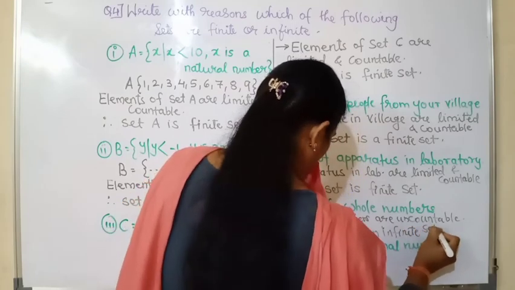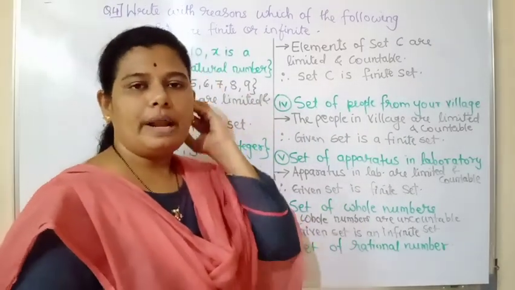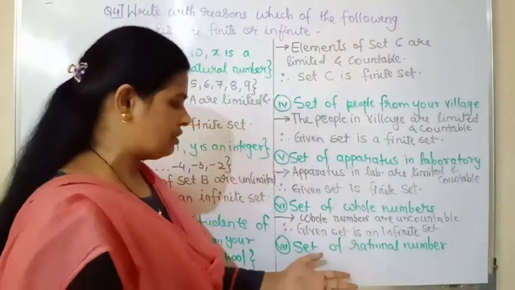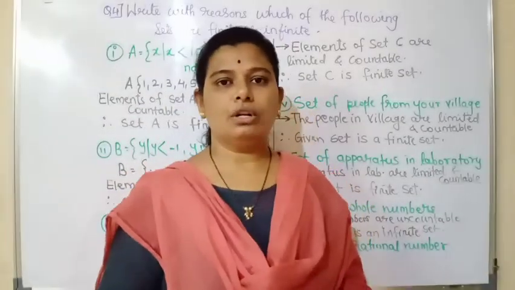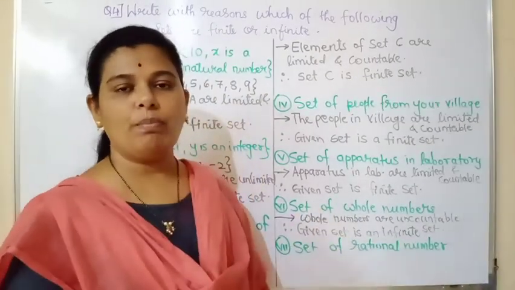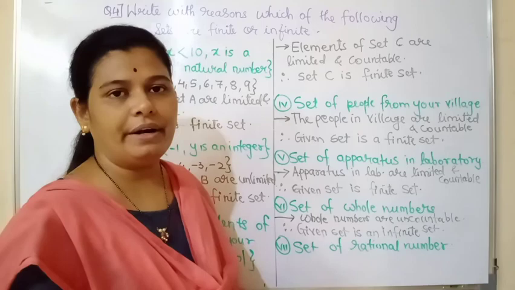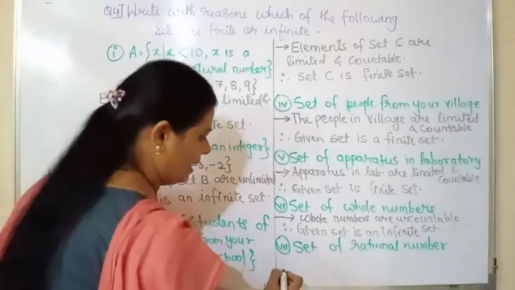Okay. Now we will write the last one, that is the set of the rational numbers. Sorry, not natural but rational numbers. Many rational numbers are there, no certain limitation, no boundaries, it is an unlimited one. So obviously this set will also be an infinite set.